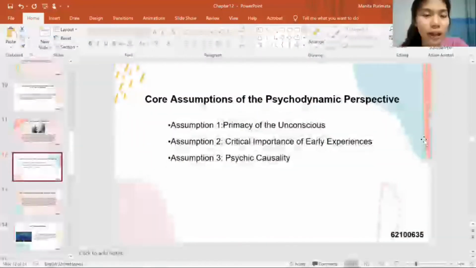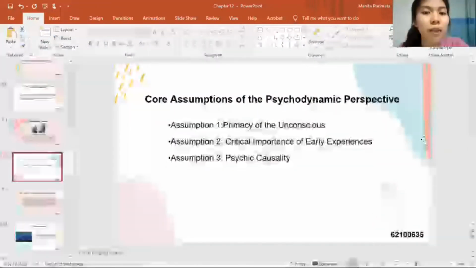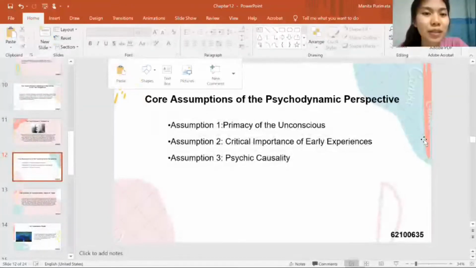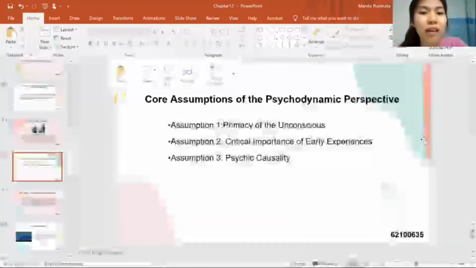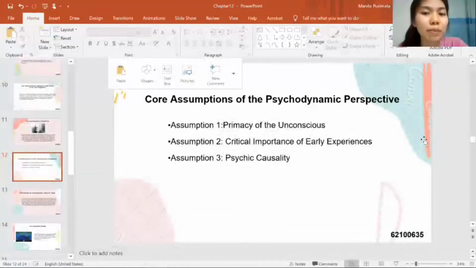Next slide is about the core assumptions of the psychodynamic perspective. They have three assumptions. The first one is the premise of the unconscious. Psychodynamic theory holds that the majority of psychological processes take place outside conscious awareness.